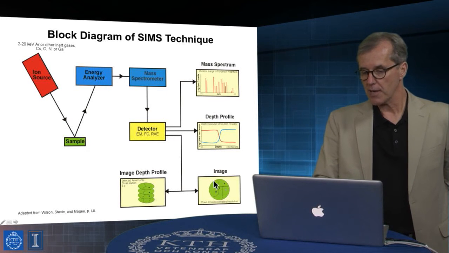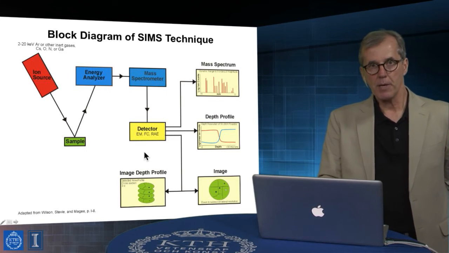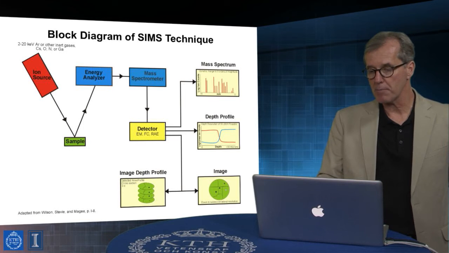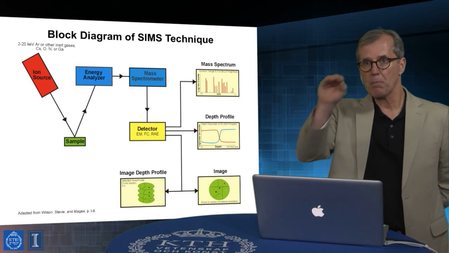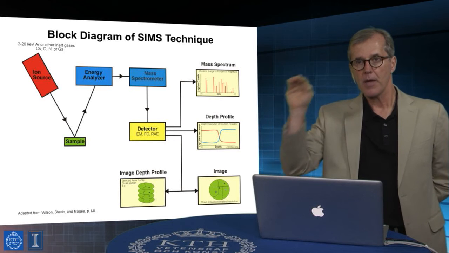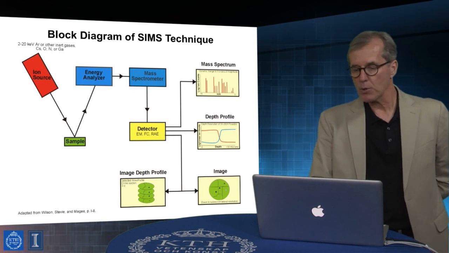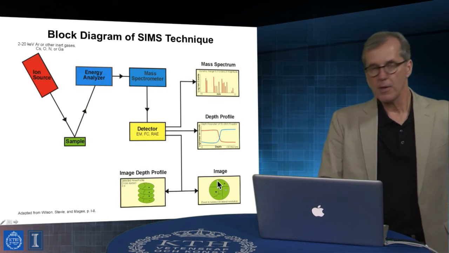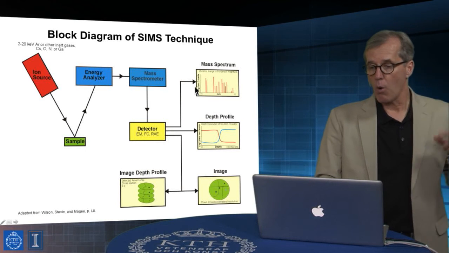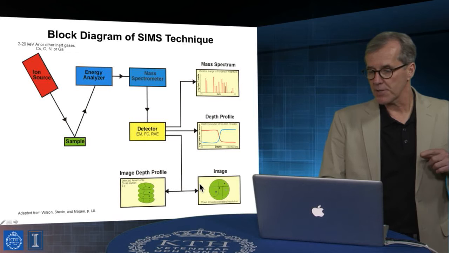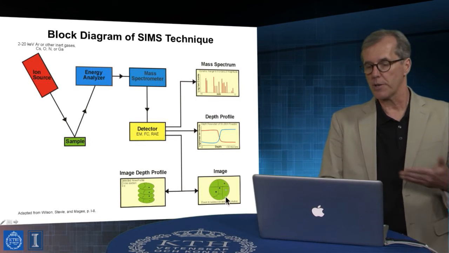I can actually take an imaged ion beam, a rastered ion beam, moving across the sample pixel by pixel by pixel. And in each one of those pixels, I measure spectra. And that would define an image map that defines all the ion contents that are present as a function of XY coordinates in the sample.